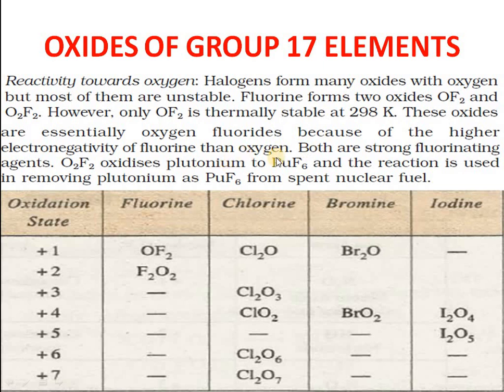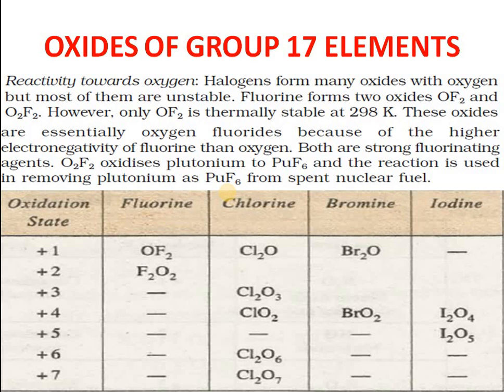And next is plutonium to plutonium hexafluoride. What does this mean? Plutonium was initially at 0 oxidation state, and the oxidation state of plutonium in plutonium hexafluoride is +6. It means the oxidation state changes from 0 to 6.